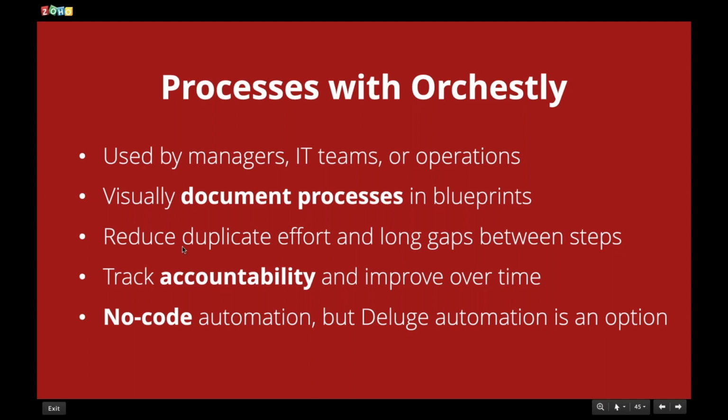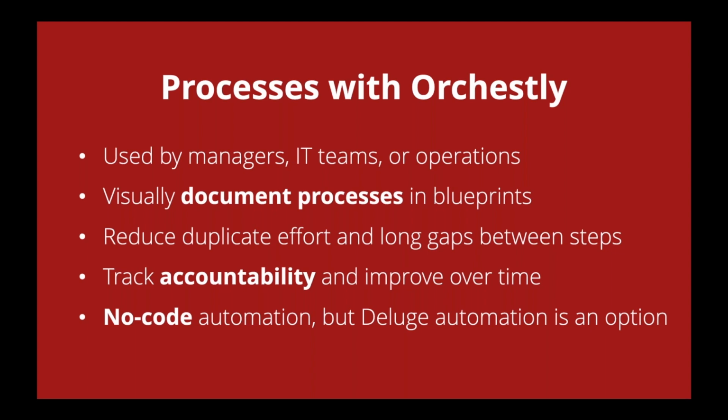So Orchestly is really set up for doing no code automation. However, you can take it a step further, but because it's a newer application, we don't really have a good workflow thing built into it. What I mean by that is if you want to structure an Orchestly process so it's automating an action in an application, then it's pretty much all done through Deluge right now.